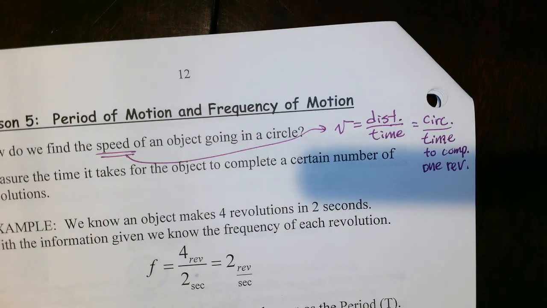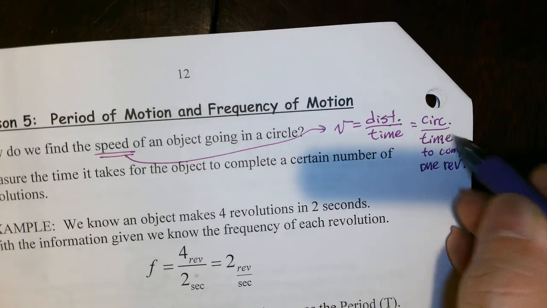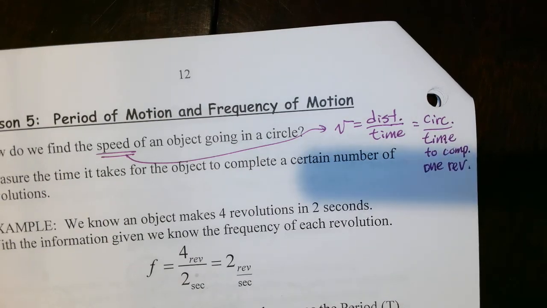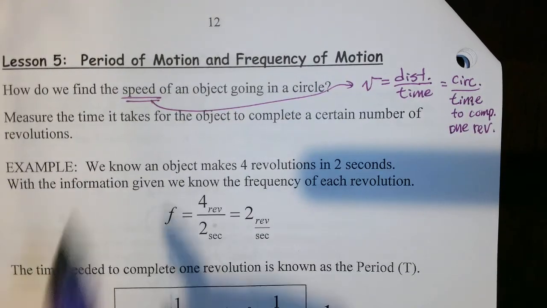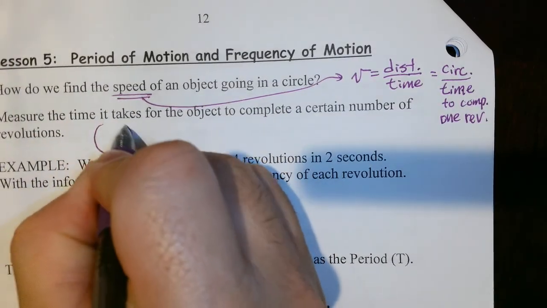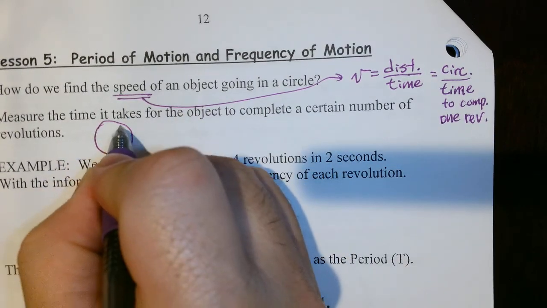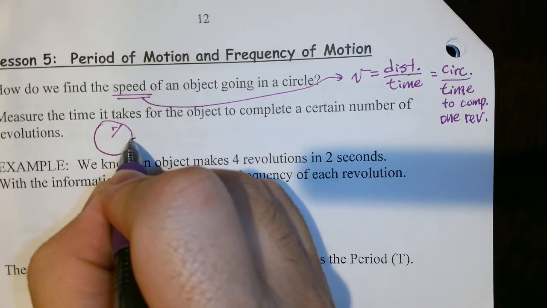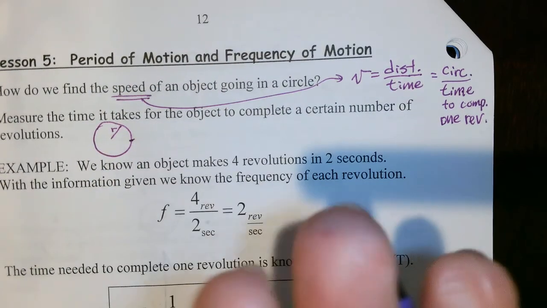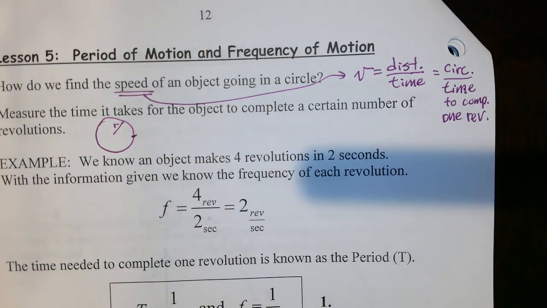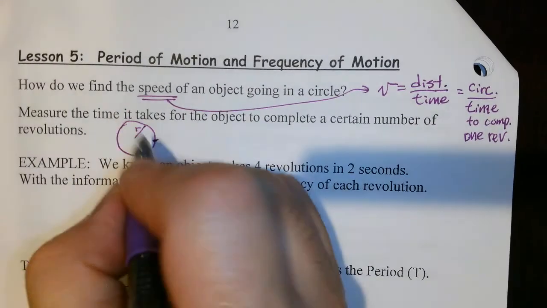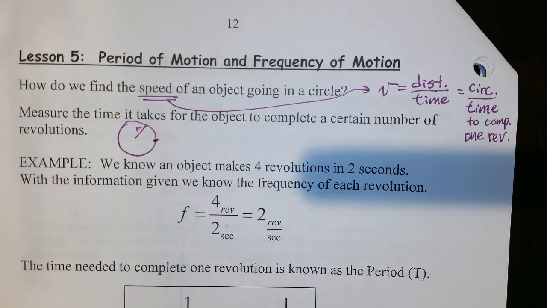Well, how do we measure this time to make one complete revolution? If I had to do it in a class or lab situation, I would not take a look at this, make a reference point, and try to use a stopwatch. It'd be almost impossible, because you're not that accurate with your reflexes.